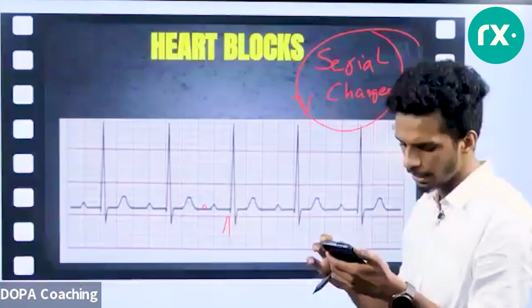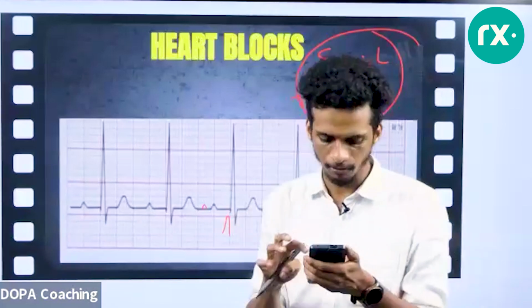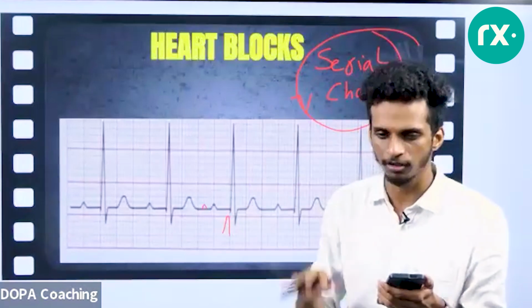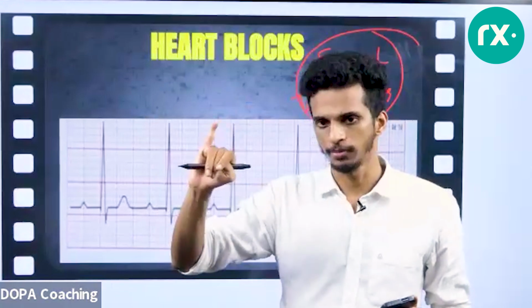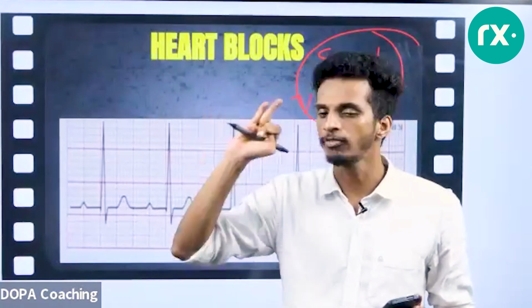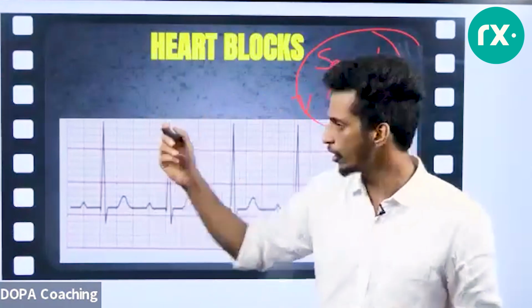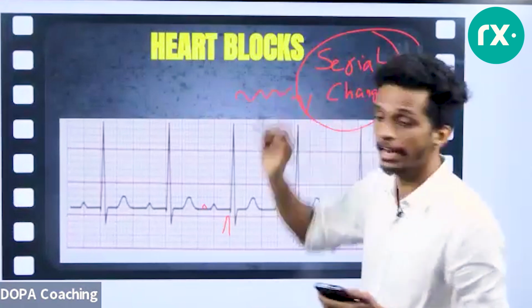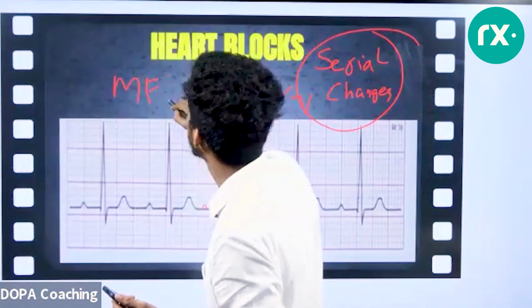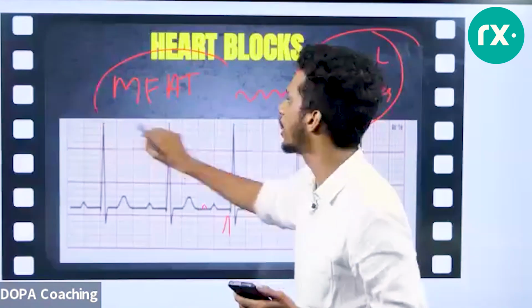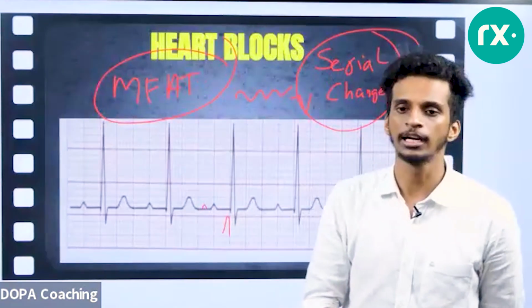Someone is asking for the difference between atrial flutter, atrial tachycardia, and atrial fibrillation. First and most important thing: atrial fibrillation will be irregular. Atrial flutter will not be irregular. In atrial flutter, you see sawtooth waves. You're also asking about atrial tachycardia. There is something called MFAT, multifocal atrial tachycardia.